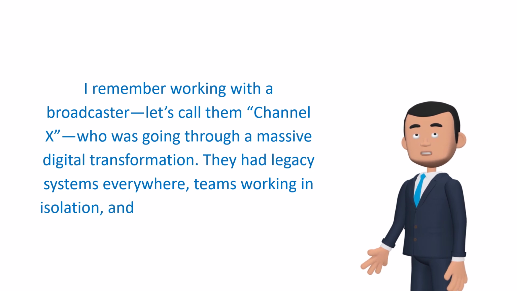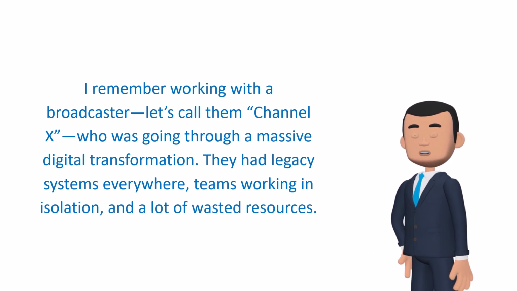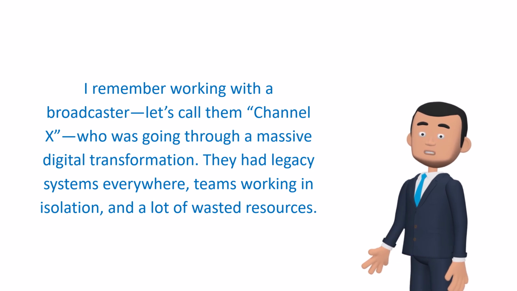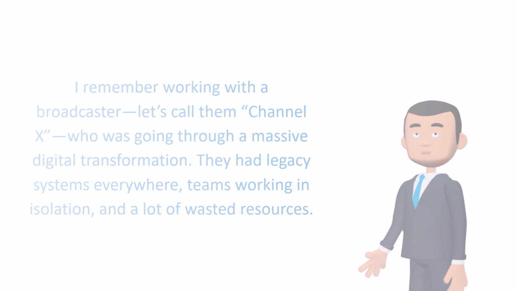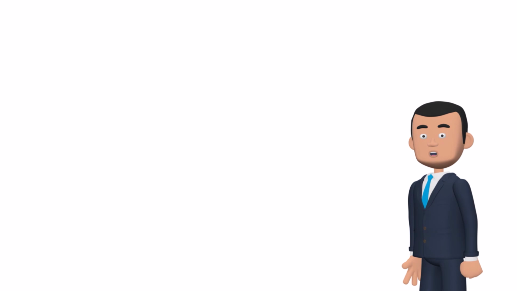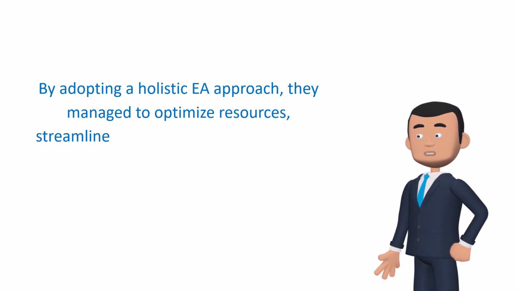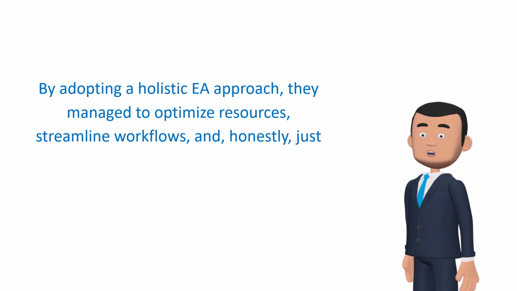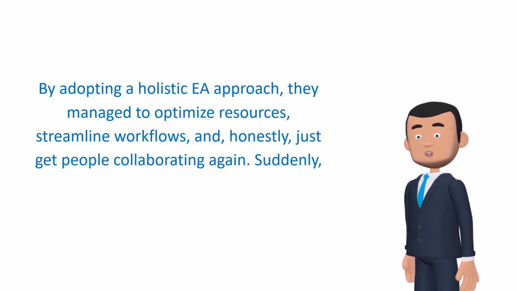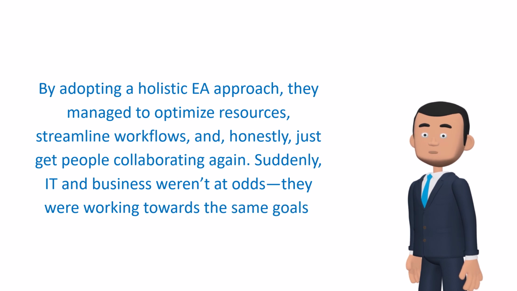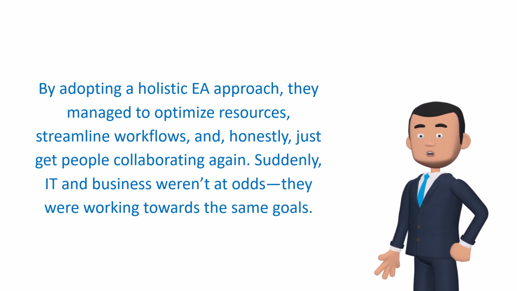They had legacy systems everywhere, teams working in isolation, and a lot of wasted resources. By adopting a holistic EA approach, they managed to optimize resources, streamline workflows, and honestly, just get people collaborating again. Suddenly, IT and business weren't at odds. They were working towards the same goals.